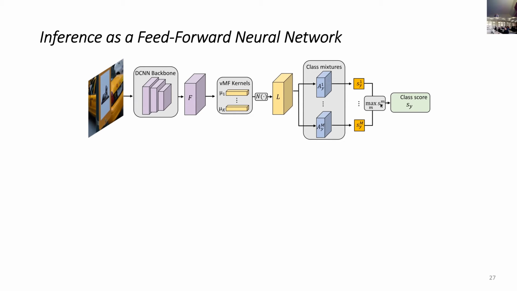And then for each object, the output at the end would be to take the object and object viewpoint which has the maximum score. So the inference for doing this is just very similar to a feed-forward network. The first stages here are completely the same. The second stages are fairly simple calculations, etc. So you can do this really quickly.